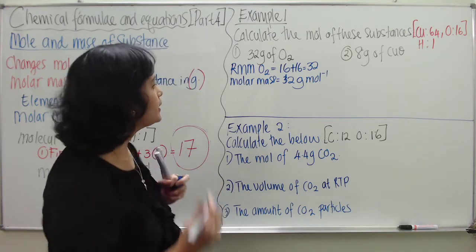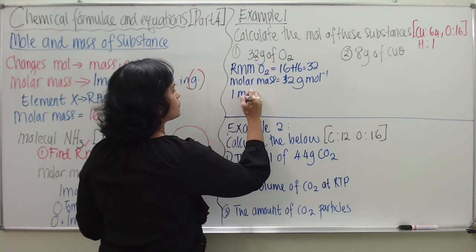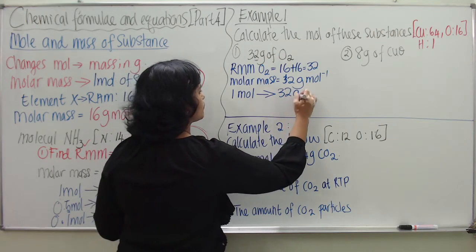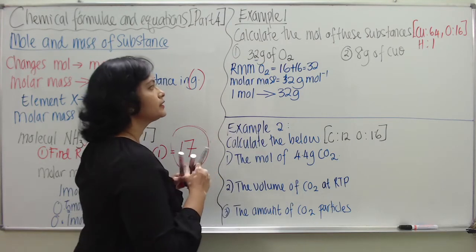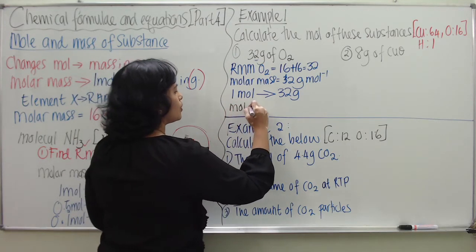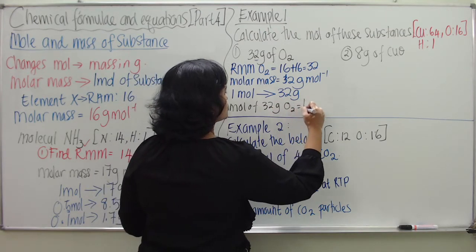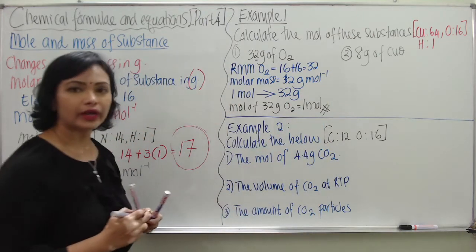Now, we have given you 32. That means in order for you to get 1 mole, you must bring for me 32 gram of oxygen. So I have 32 gram of oxygen. That means the mole of 32 gram oxygen is equal to 1 mole. This is the answer. So see how you can calculate this.